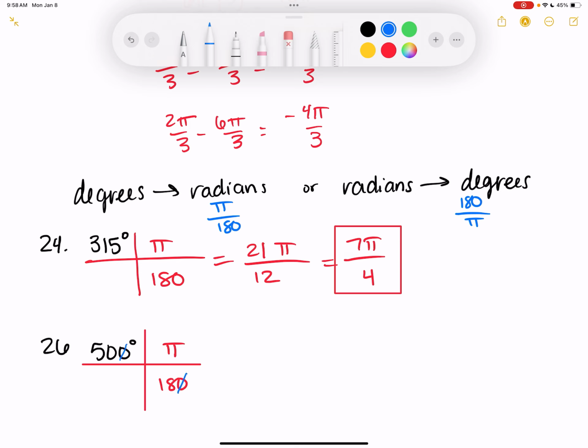Okay, we reduced it by 10. So then 50 and 18, is there anything that I can take out of those? 2. So 25 pi over 9, and that can't be reduced any farther, so that one would be done.